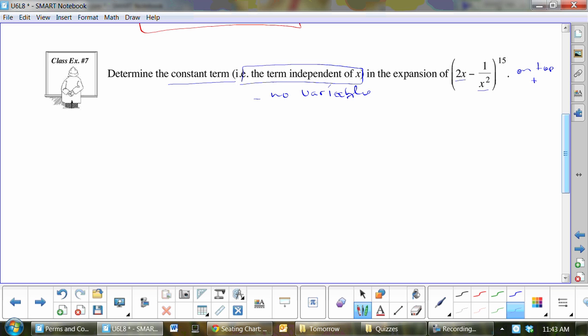Because can you see that sometimes when you multiply a and b together, or x and y, they're going to kill each other, right? There's going to be enough x's on the top and the bottom. They're actually going to get rid of all the x's. Okay? So remember, if you see this, where there's x and then that's 1 over x squared to the 15.